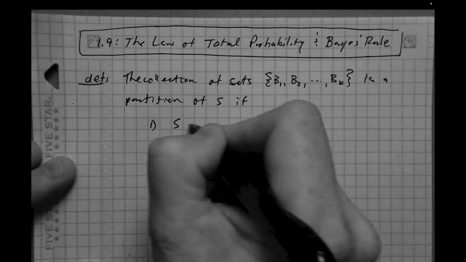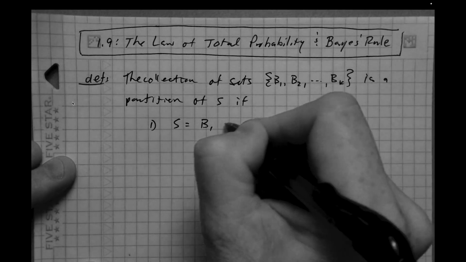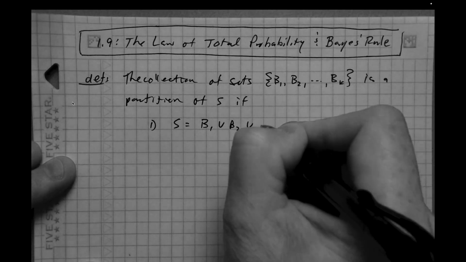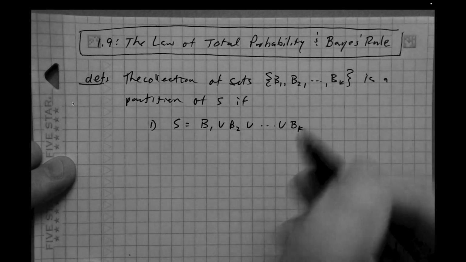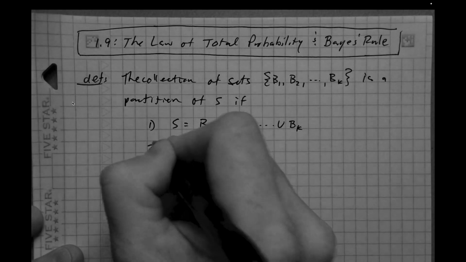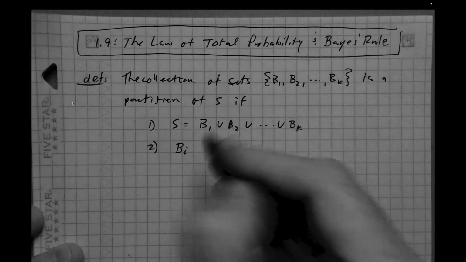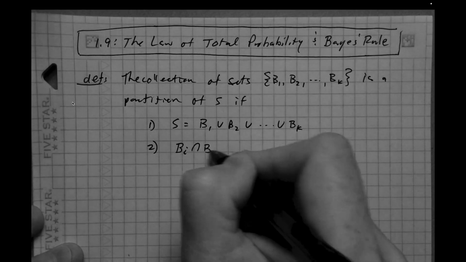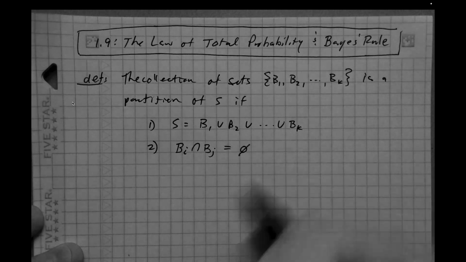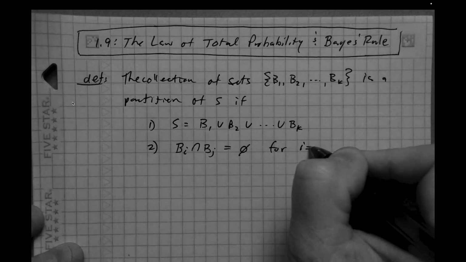First, S needs to be equal to the union of all these sets, B1 or B2 or ... or BK. So the union of this collection of sets is equal to the entire space. And second, the intersection of two arbitrary sets in this collection, Bi and Bj, is empty, for any i not equal to j.